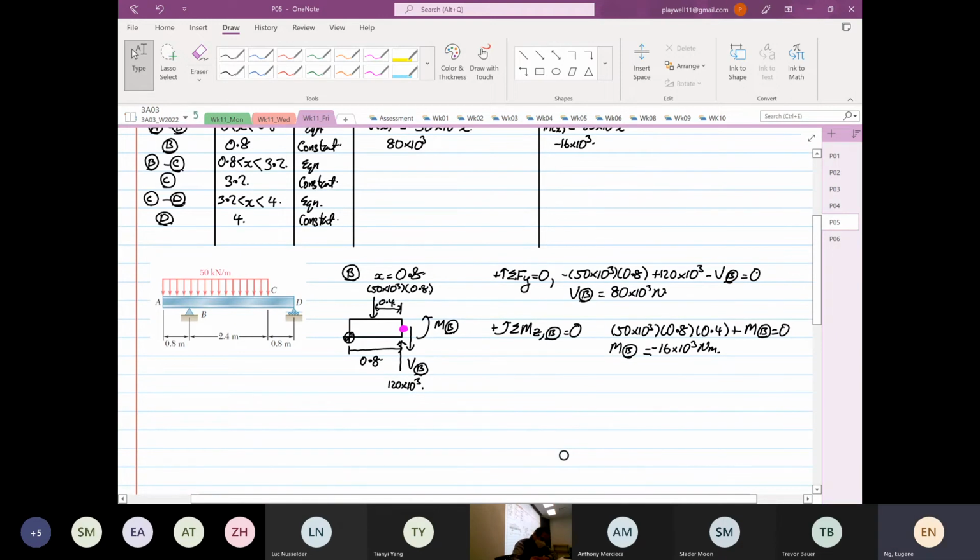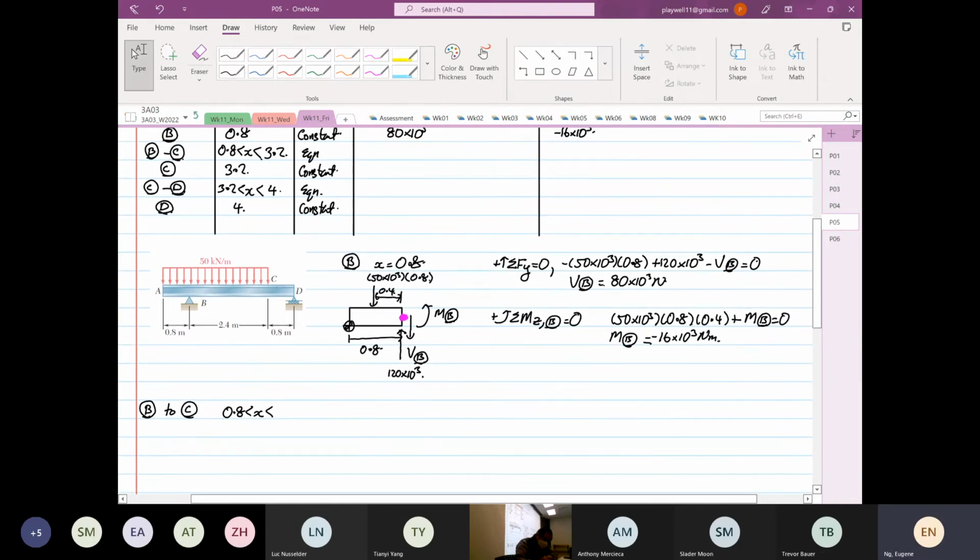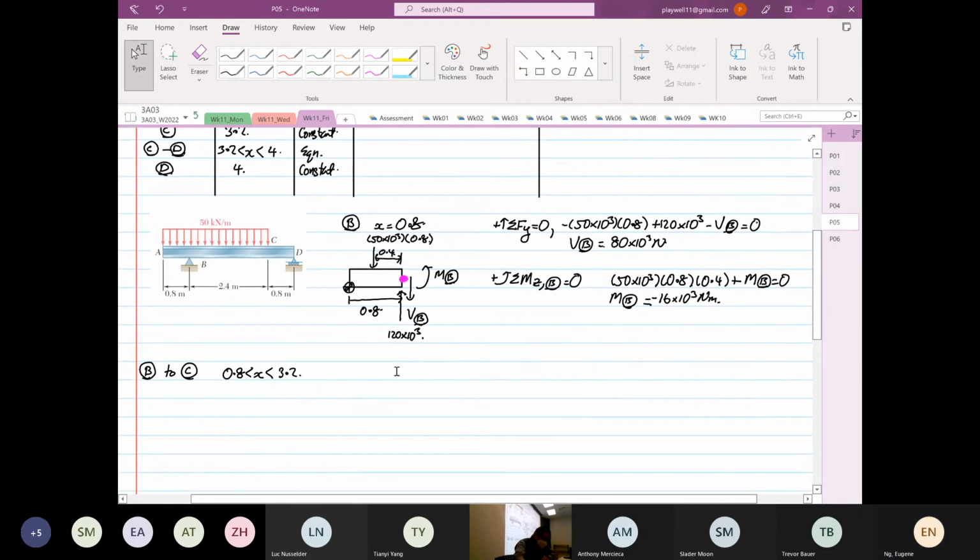So if we were to do from B to C now, hold on, let me write B to C. Again, limits is 0.8 x, and we are going to go up to 3.2. Okay. So B to C.